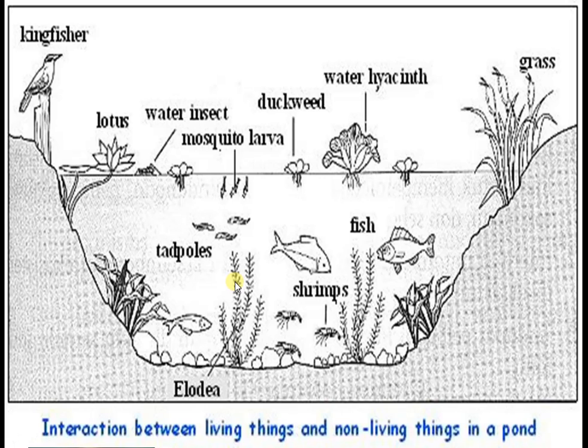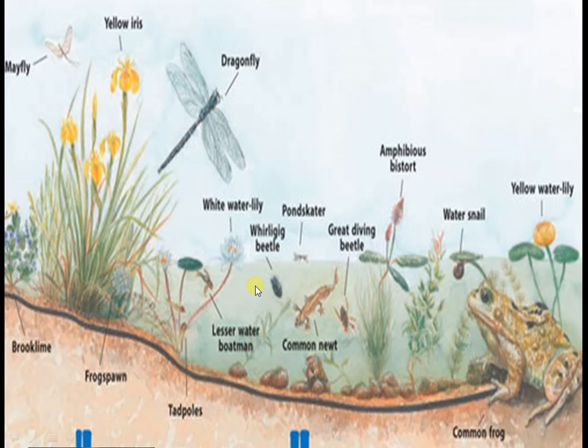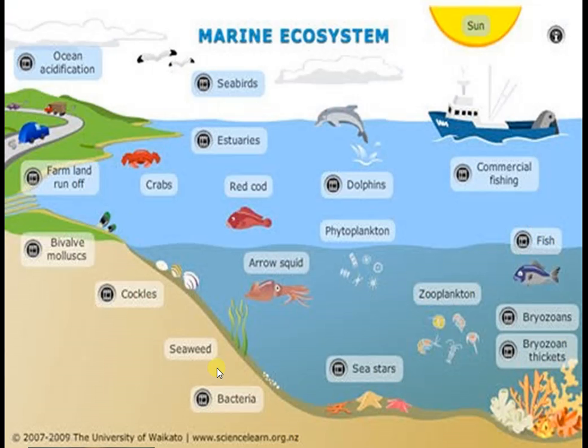Which animals and plants do you think would live in mid-water? Which animals and plants do you think would live in the pond margins? Which animals and plants do you think would live at the bottom of the pond?